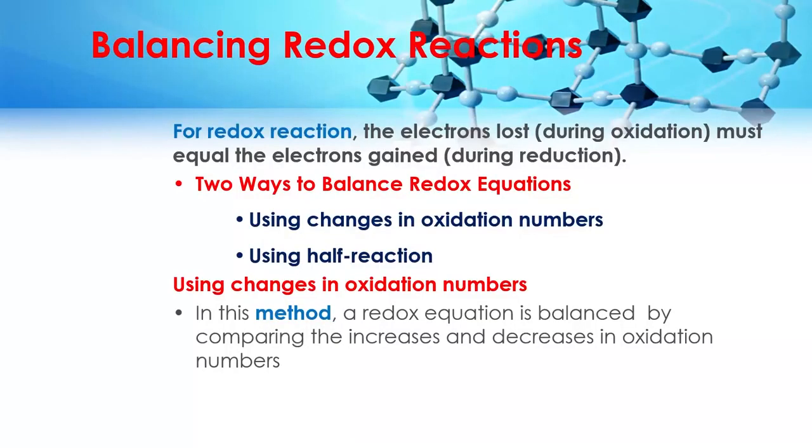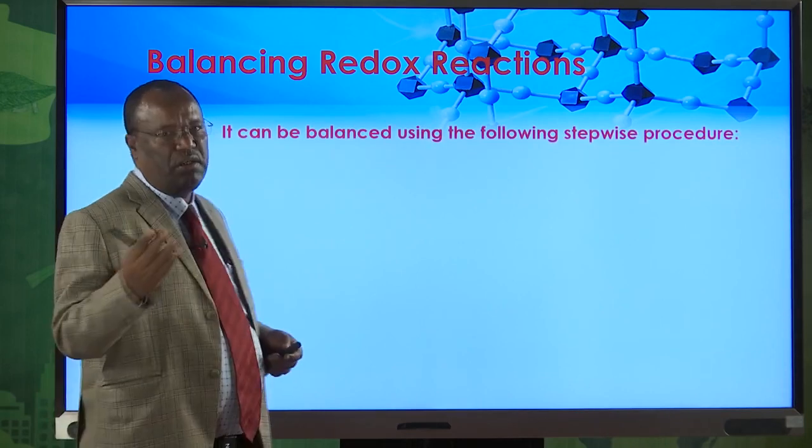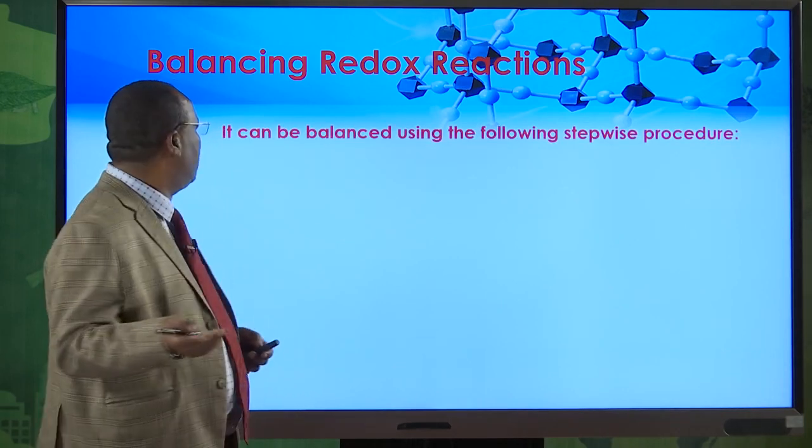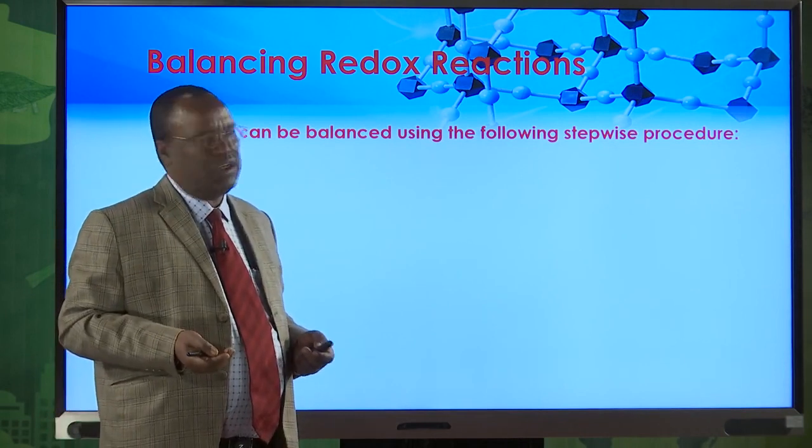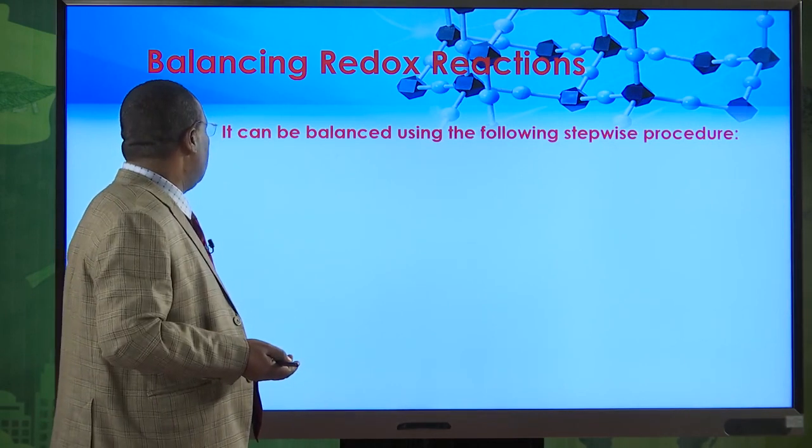In this method, a redox equation is balanced by comparing the increase and decrease in the oxidation numbers. We are going to compare the increase and decrease in the oxidation number in balancing chemical equations using the oxidation number change method. It can be balanced using the following stepwise procedures.